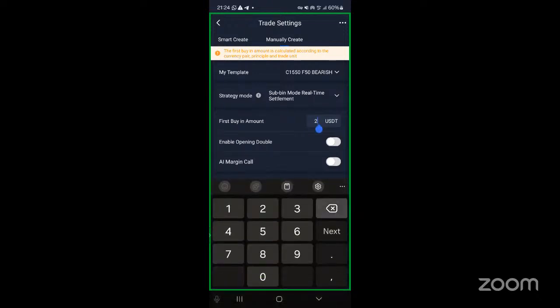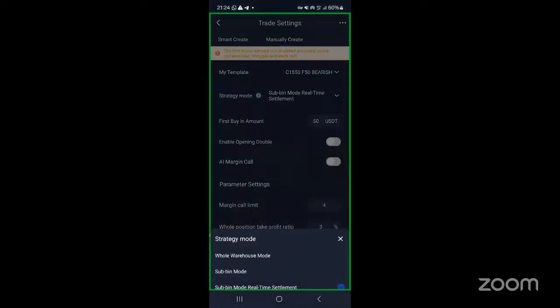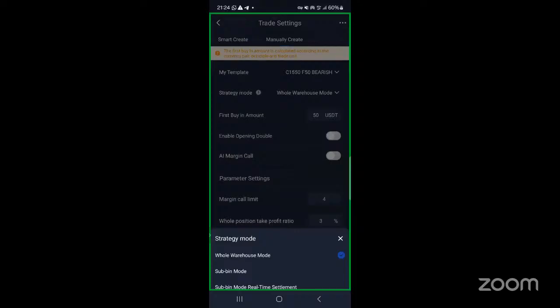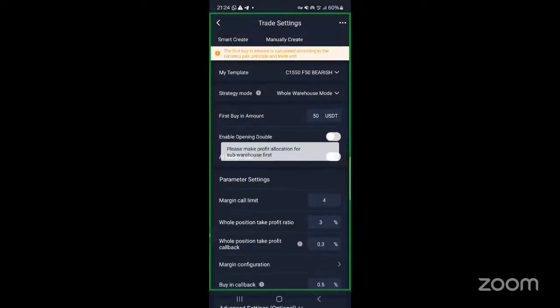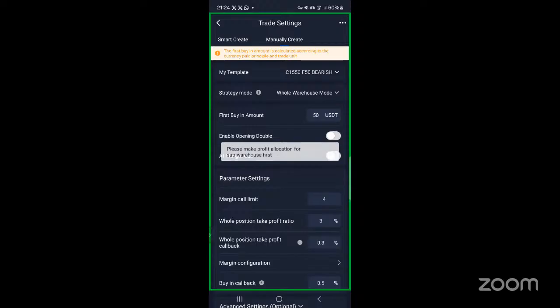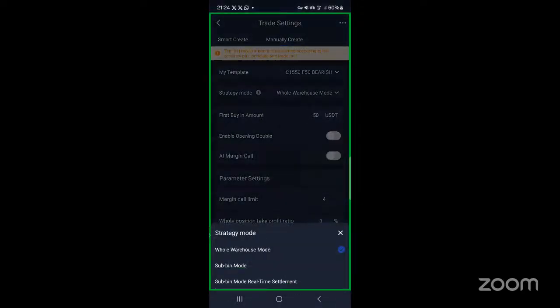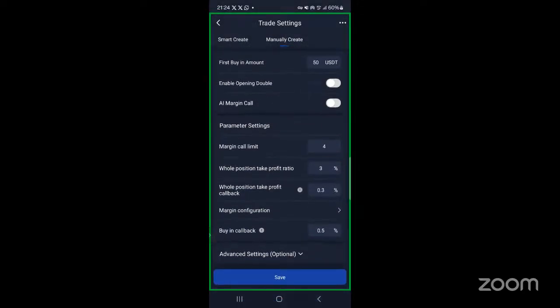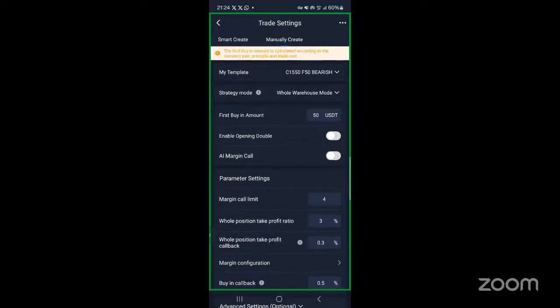Just change here first buying amount to $50. And then I'm able to save. And I'm ready to trade.